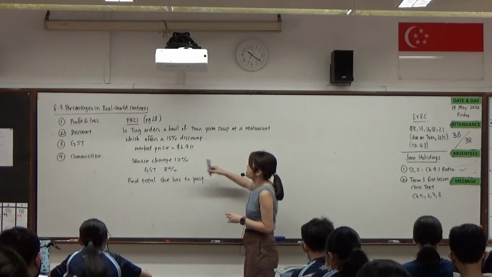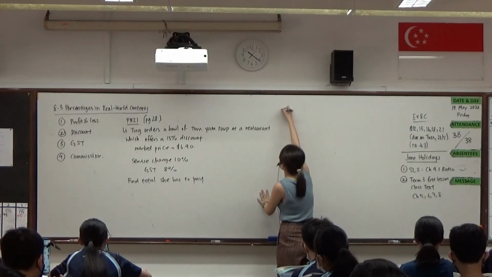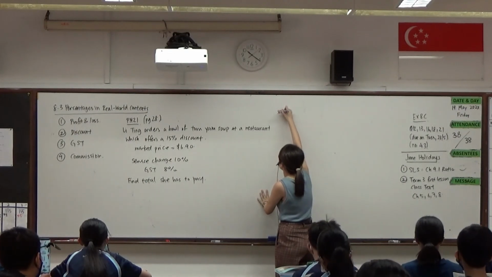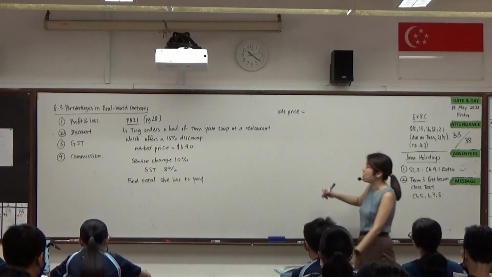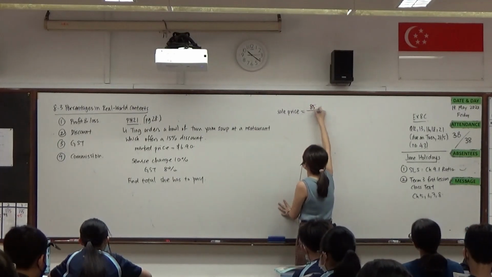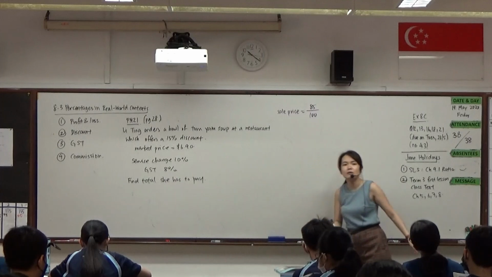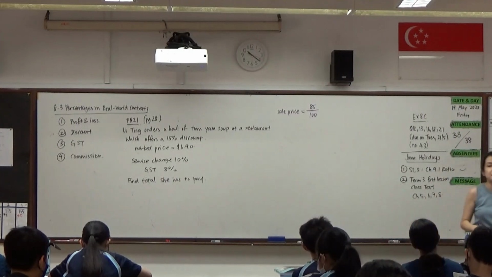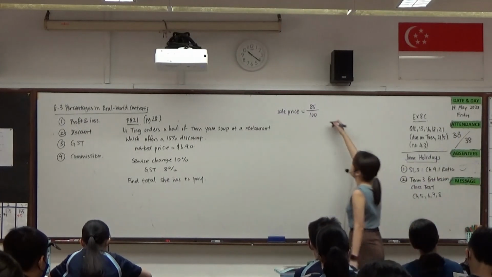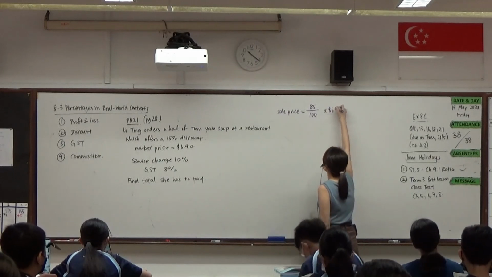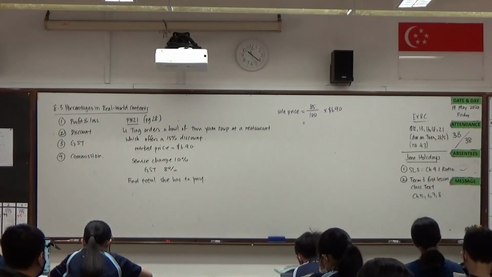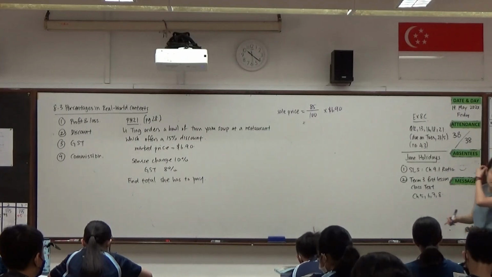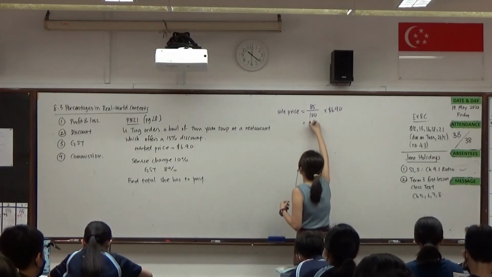So that's why in calculating this, we find out what is the sale price, which is the price after discount. Since there is a 15% discount, you will have to pay 85% in the end. That is multiplied by 690, and we will get a value of $5.865.